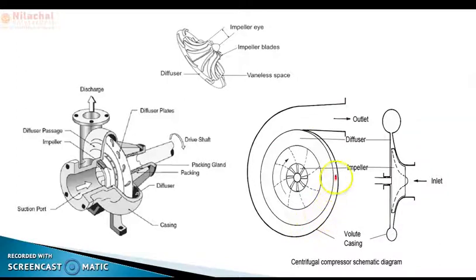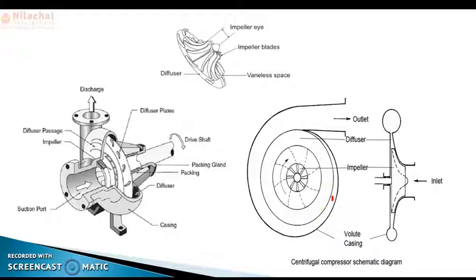Another thing you observe here in the construction part is the nozzle, the converging nozzle. As you are decreasing the area, as you know from the continuity equation, A1 V1 is equal to A2 V2, if you are decreasing the area, then what will happen? The velocity will increase.